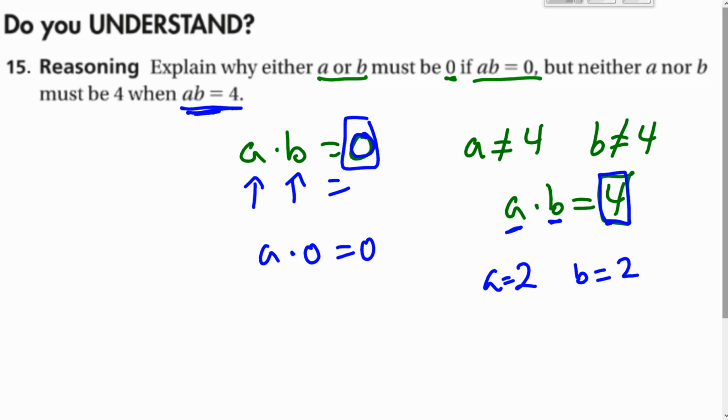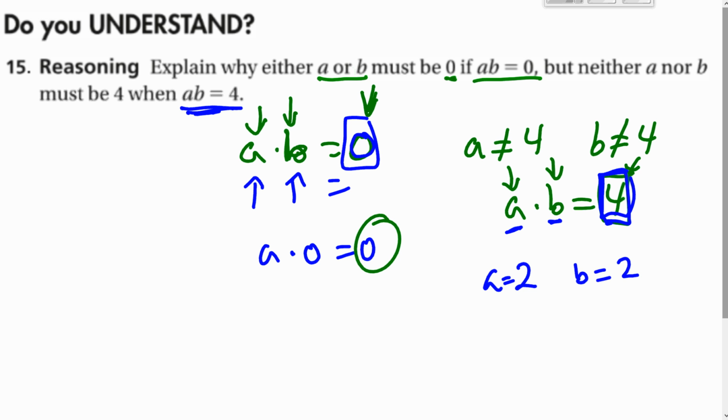So it's asking, because this is true, A times B equals 0, one of them has to be 0. Well, why doesn't one of these have to be 4, right? But when I do this one over to the left, my answer is 0. Why does one of these have to be 0? Well, that's because you're multiplying by 0. Whenever you multiply by 0, you get an answer of 0.